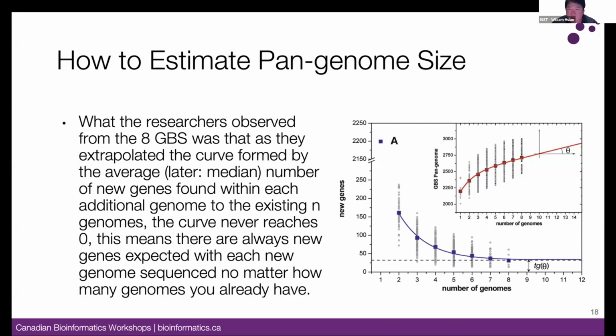So when they went through that exercise, they basically observed that this curve extrapolate but never reaches zero. So this means that there are always new genes expected to each new genome sequence added, no matter how many genomes you already have.